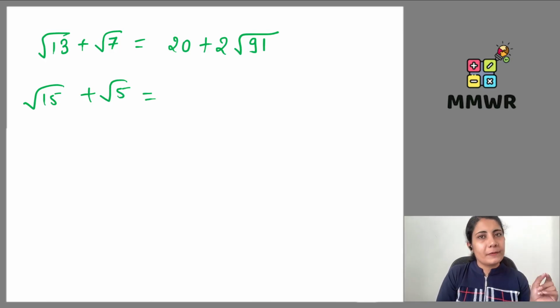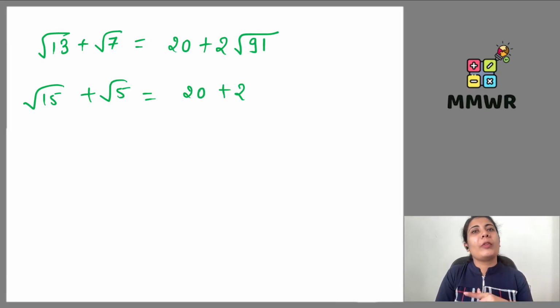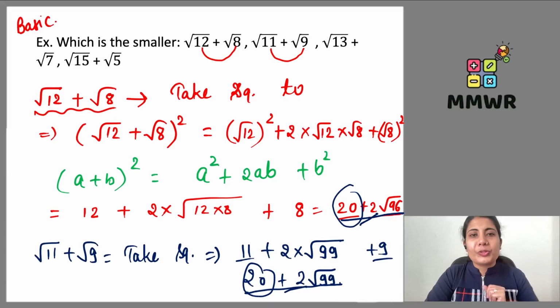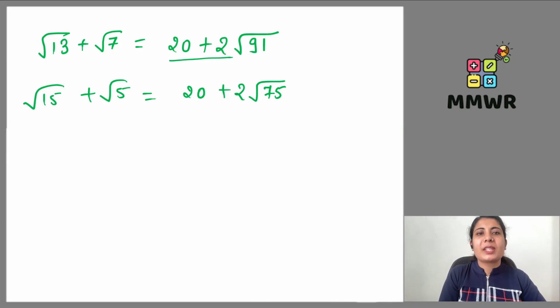This gives me root 15 square plus root 5 square, which is 15 plus 5, 20, plus 2 root over 15 multiply 5, 15 fives are 75. Right? So we can observe from here, everywhere we are getting 20 plus 2 something.